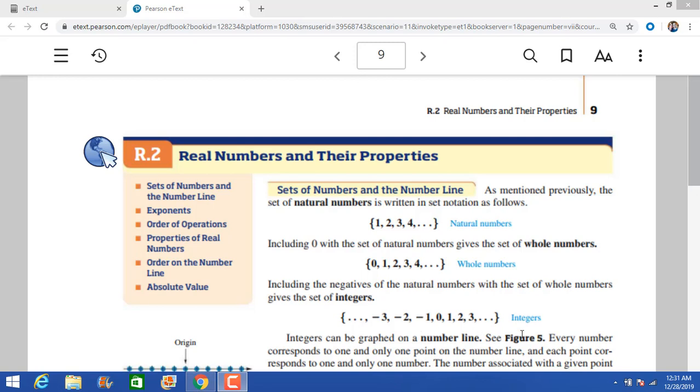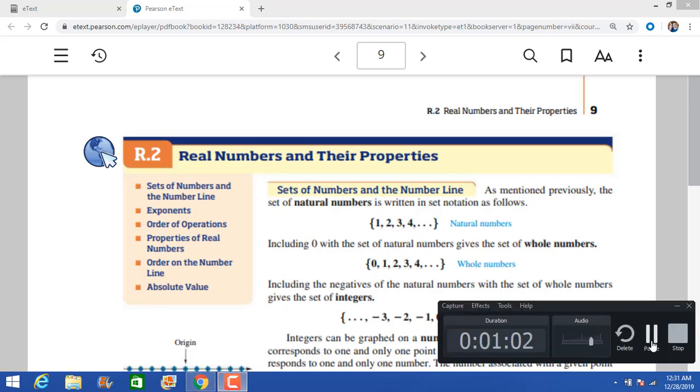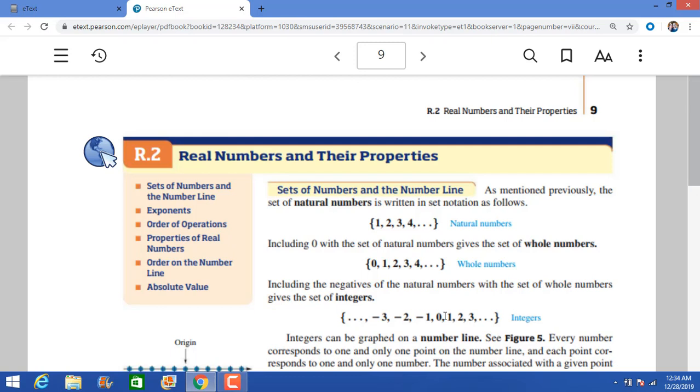So if we take the set of whole numbers and add the negative values of the natural numbers, this is going to give us the set of all integers.